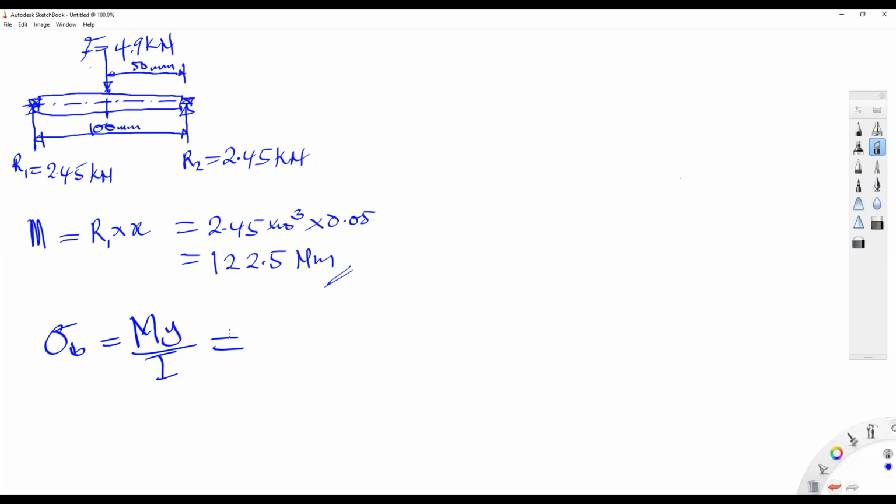What is y over I? Let's use this formula. If you're using the section modulus, pi d cubed on 32, which is basically y over I, the section modulus, then to find it, Z is equal to pi d cubed on 32.